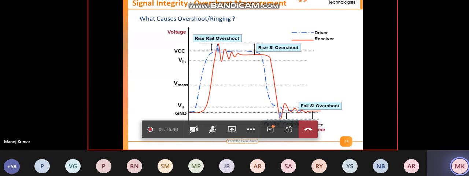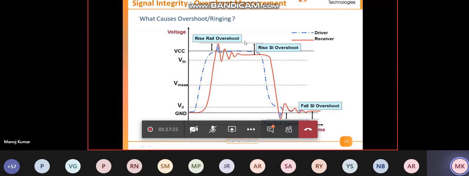Just to give you a little bit of these measurements, this is the measurement taken from VCC. The blue dashed line which you see is the driver. The red one which you see is the receiver signal, and you will see that the signal is rising above the VCC voltage. From the VCC threshold to the maximum voltage is what we call rail overshoot.